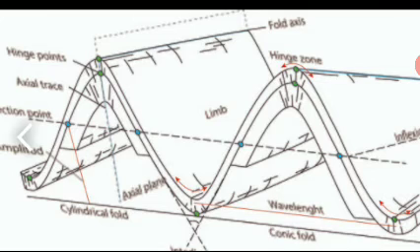Wavy undulations in the rock beds due to compressional stress under high pressure.